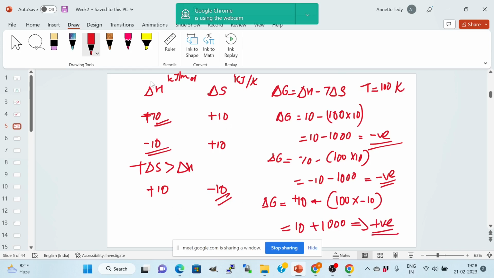So whenever delta S is positive, we need this T delta S greater than delta H condition, and whenever delta S is negative, then delta H should be larger. For example, say delta H is 1050, and if we calculate delta G now, it will be 1050. No, then in that case delta H should be negative.